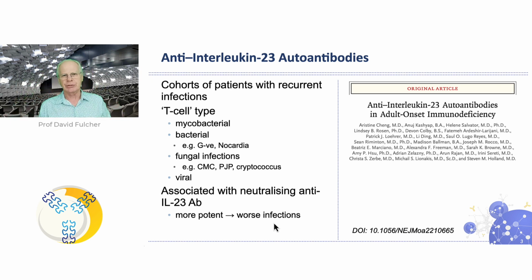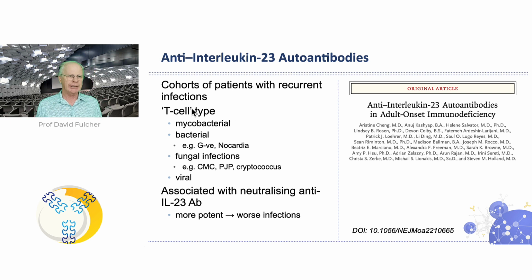So just to summarize this, these types of adult onset T cell type immunodeficiencies are really rare. I may have seen one or two in a lifetime as a clinical immunologist. So it's not something that you're going to go out and diagnose next week, but at least you could be aware of these particular immunodeficiencies and be able to divide it into basic, which arm of the immune system to take further. So this paper describes a cohort of patients with recurrent infections of the T cell type.